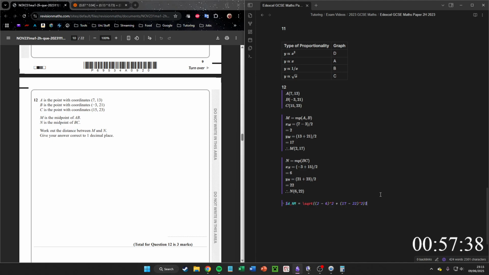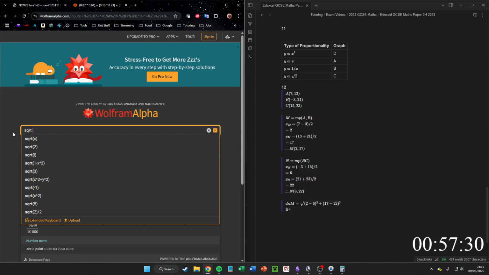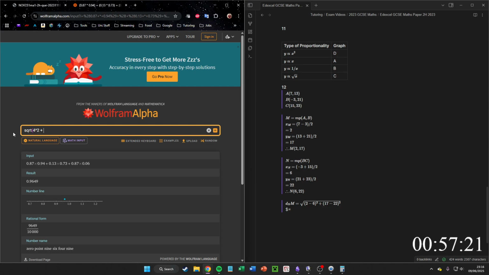And obviously, because it's squared, I'm going to end up getting all positive numbers anyway. I can do this just as I could on a calculator now. Square root, difference between 2 and 6, because again, positive or negative doesn't matter when you're going to square it, would be 4. And then 17 and 22, difference is 5.